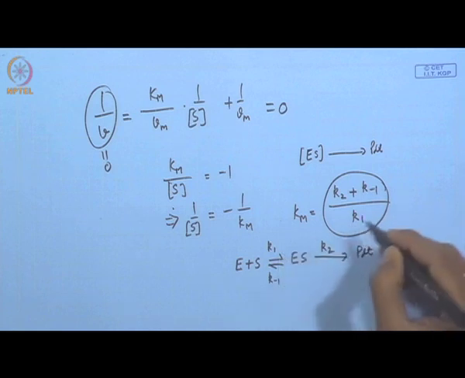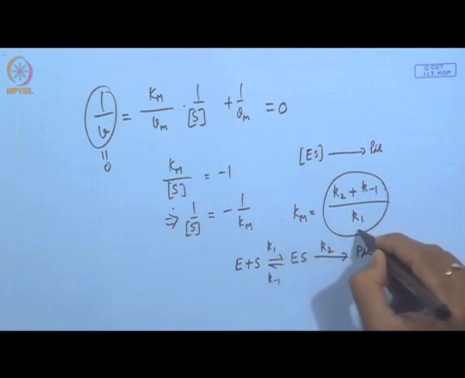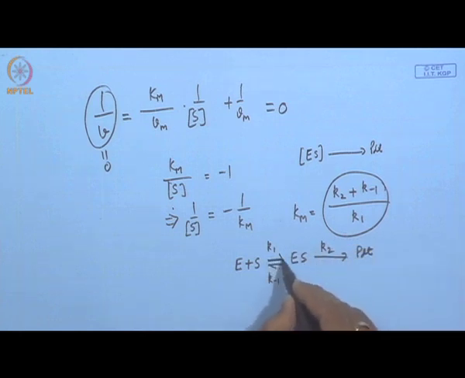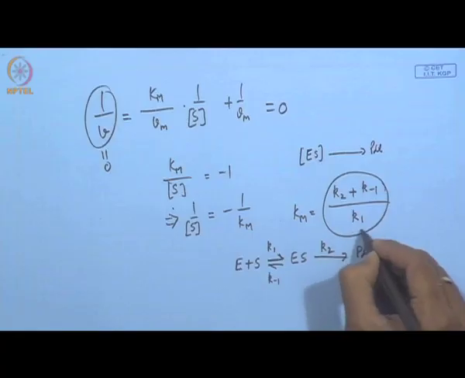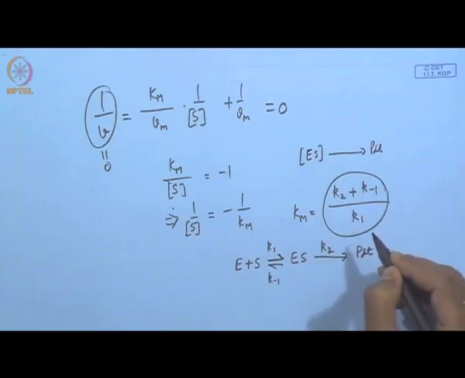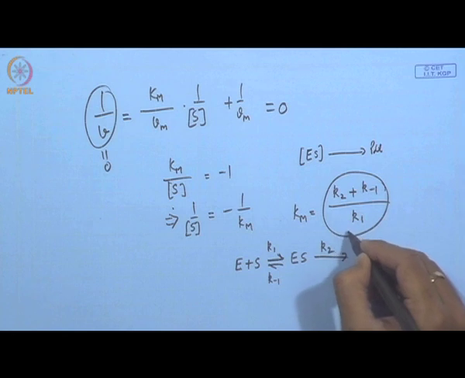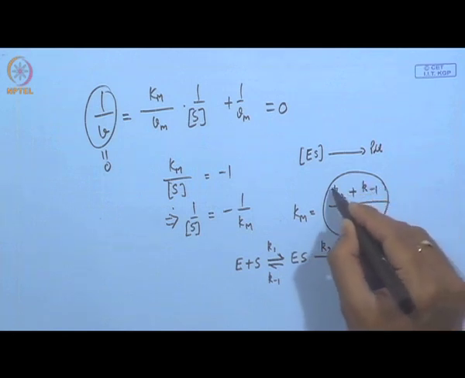Small value of Km means K1 is large, this step is pronounced. So, back reaction is possibly less. Okay. And high Km means this is small or this is high.